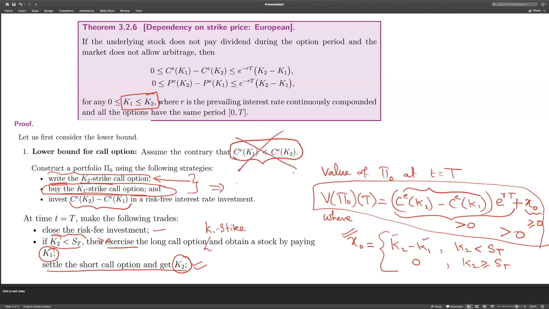That implies CEK1 should be greater than or equal to CEK2, and that is nothing but CEK1 minus CEK2 is actually positive. That is what we want to show here as a lower bound. So that is proved now.